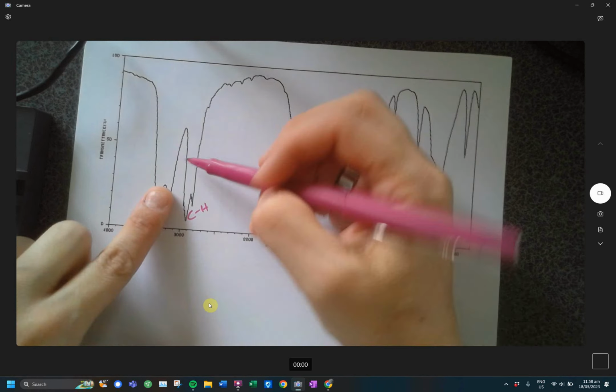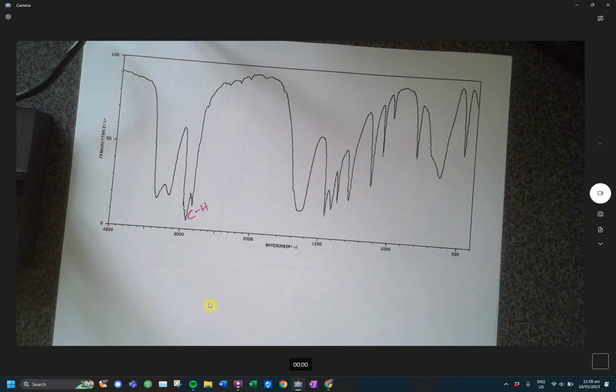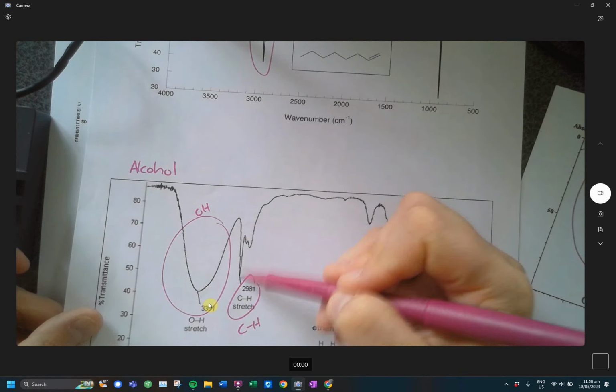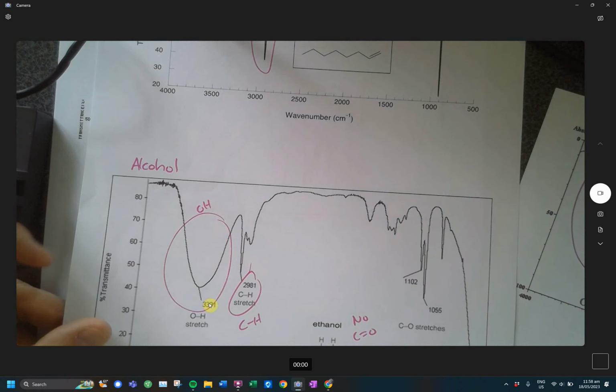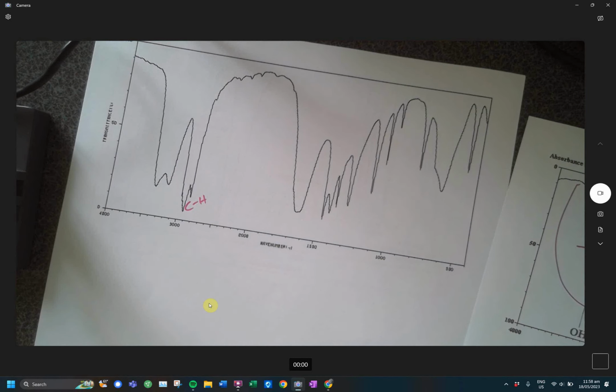CH is roughly around 3,000, so 2,800 to 3,000, you should see a trough there. It's kind of a multiple squiggly line kind of thing. It's a good marker because that way you can then figure out if something is above or below it.